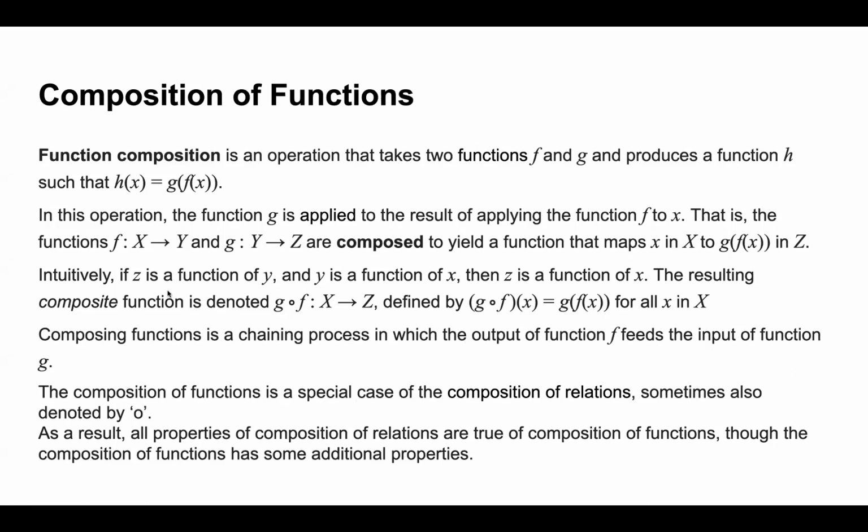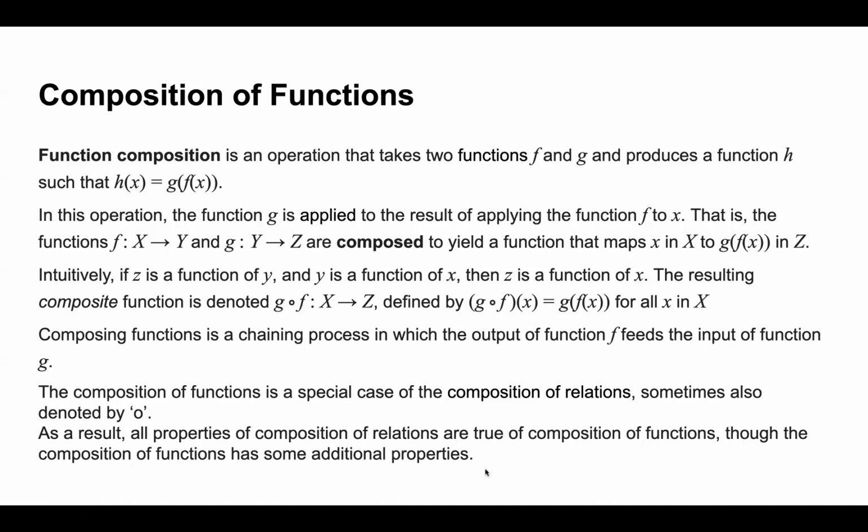In terms of composition of functions or relations, here it is written g composite f like this. As a result, all properties of composition of relations are true for composition of functions, though the composition of functions has some additional properties.